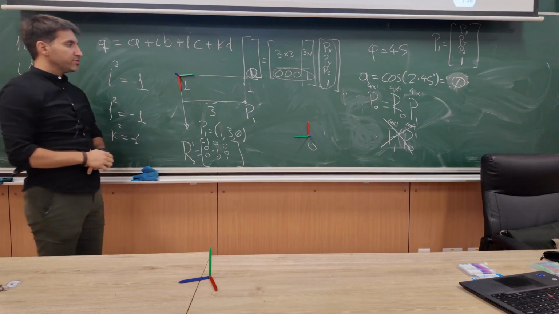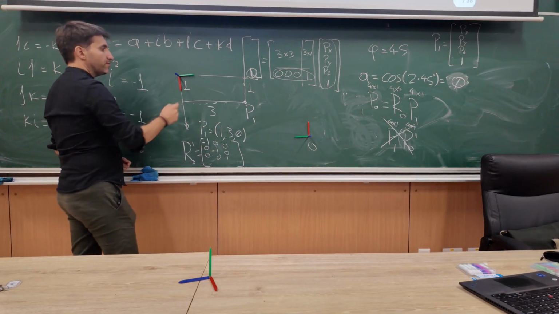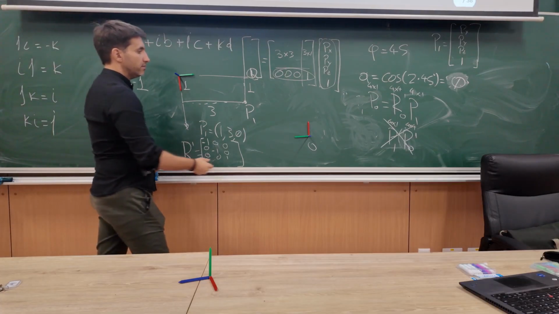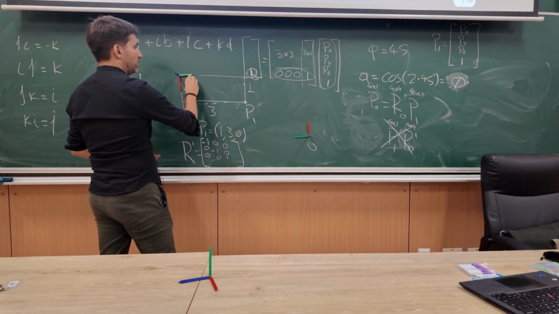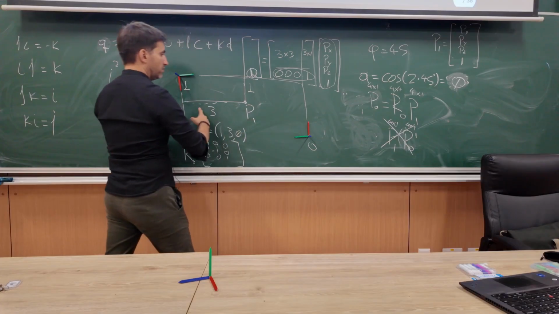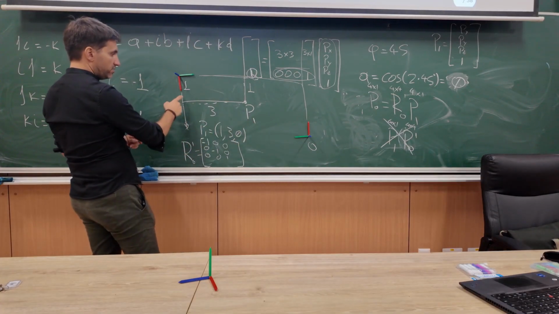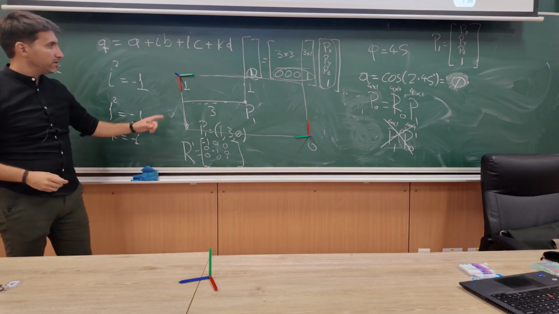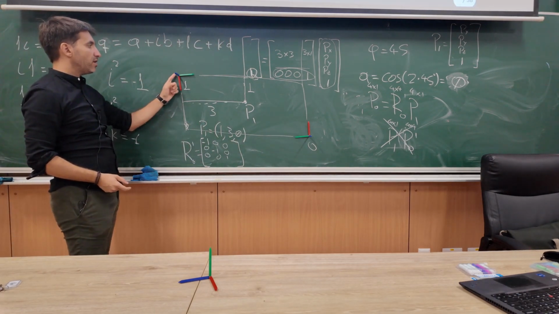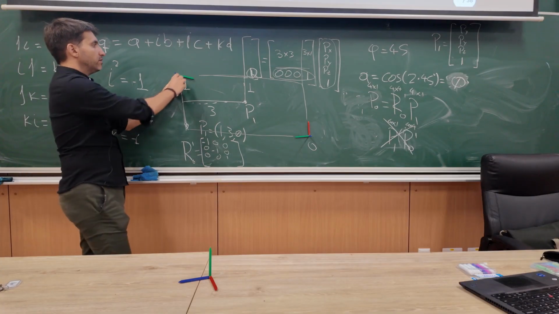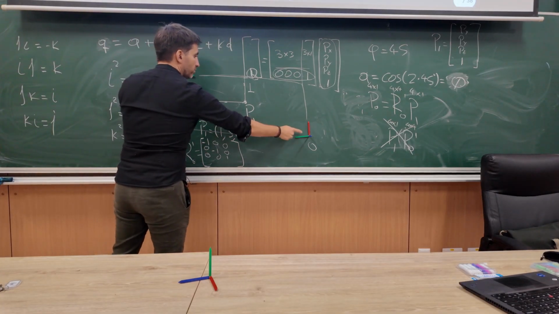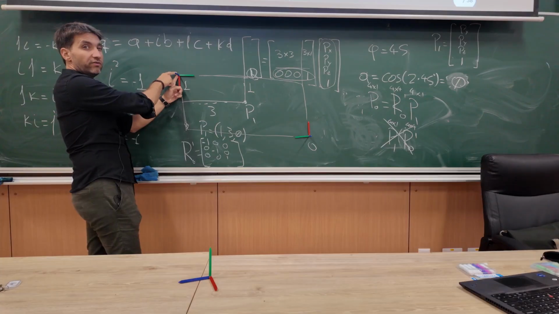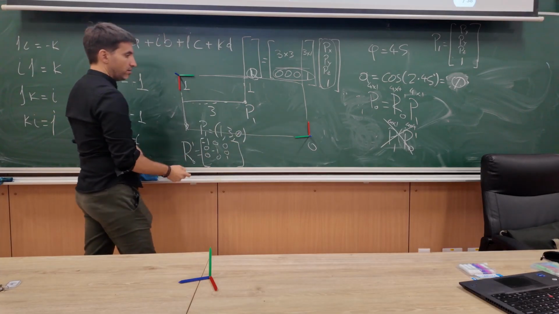All right, and let's put some numbers here for the position. Let's say this is, I don't know, 6, and this is, let's say, 2. So, what is the position of the origin of frame 1 with respect to frame 0?